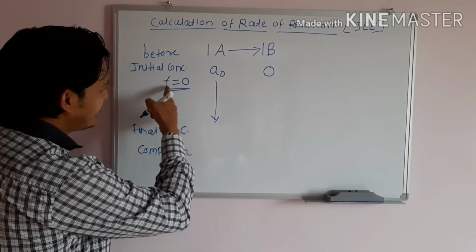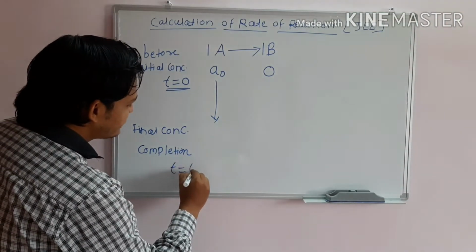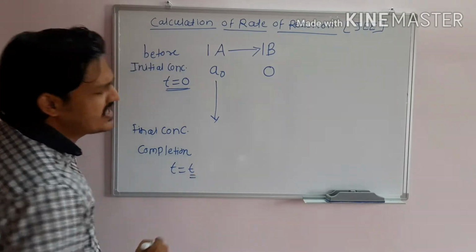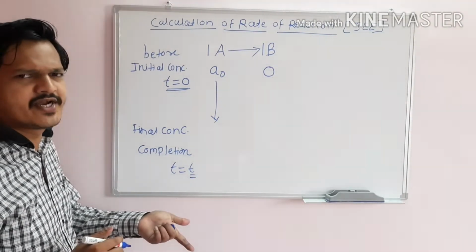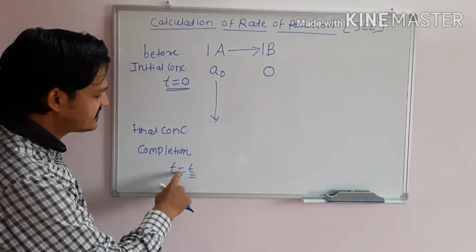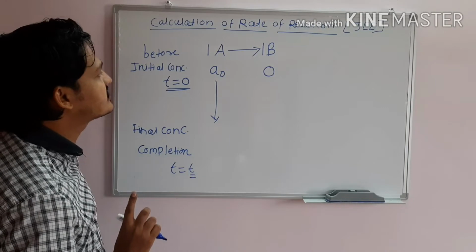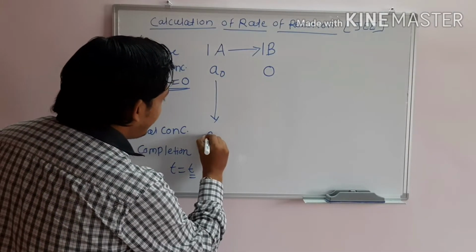As time goes, here the time is equal to 0. Reaction is complete. Let us say T is equal to T. T indicates 1 hour, 2 hour, 3 hour, whatever it may be. I am taking a general symbol of time. T is equal to T. Then what is the value of final concentration? AT.